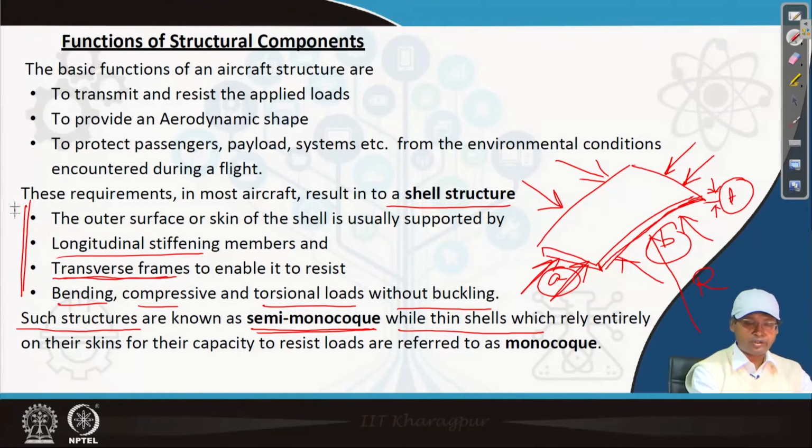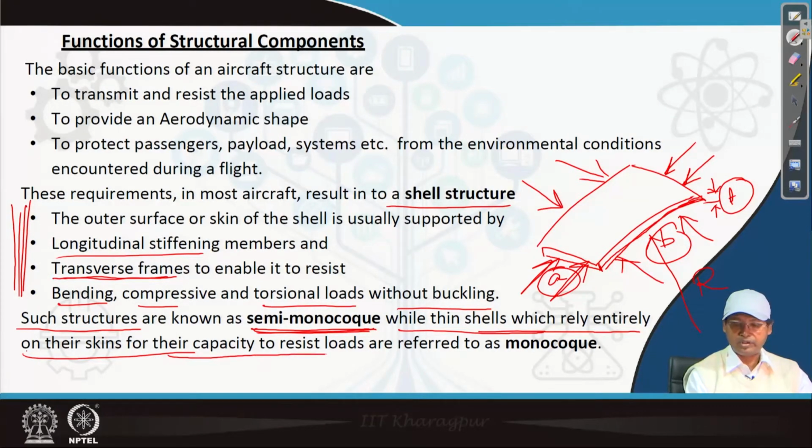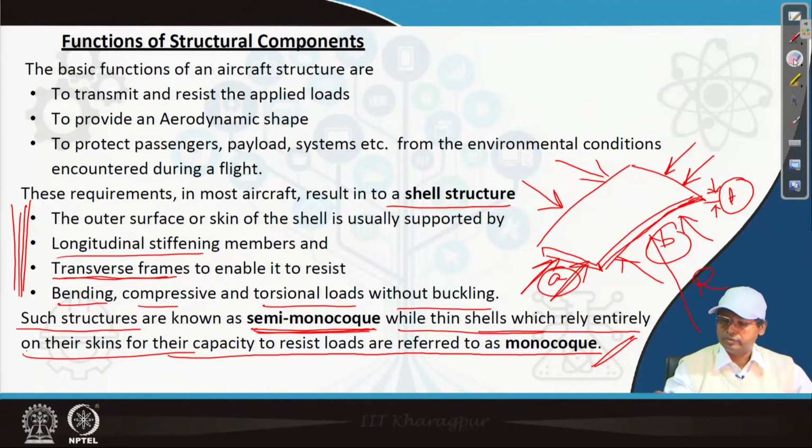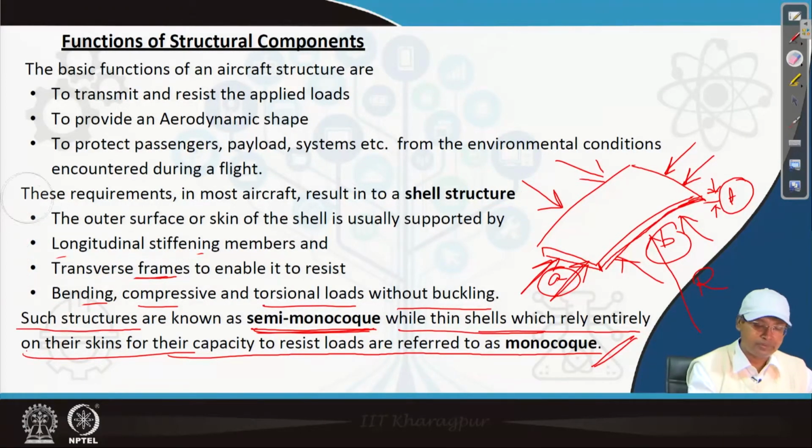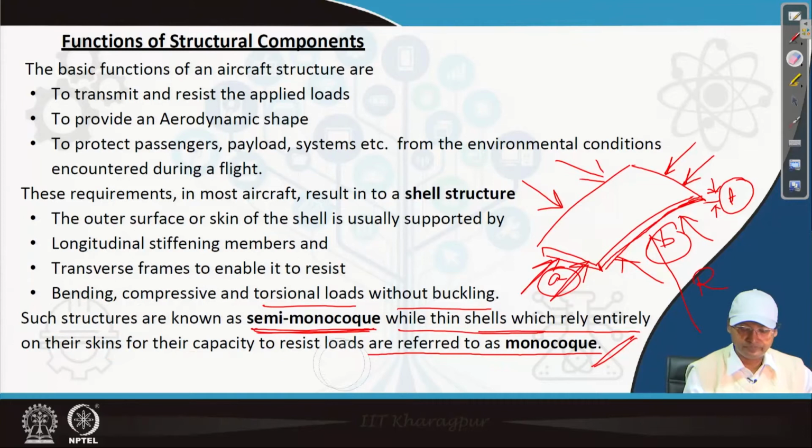So, these structures whatever we have seen are semi-monocoque structures, and shells which rely entirely on skins for their capacity to resist loads are referred to as monocoque structures. Monocoque structures are nowadays not used. Okay. So, let us move to the next slide.